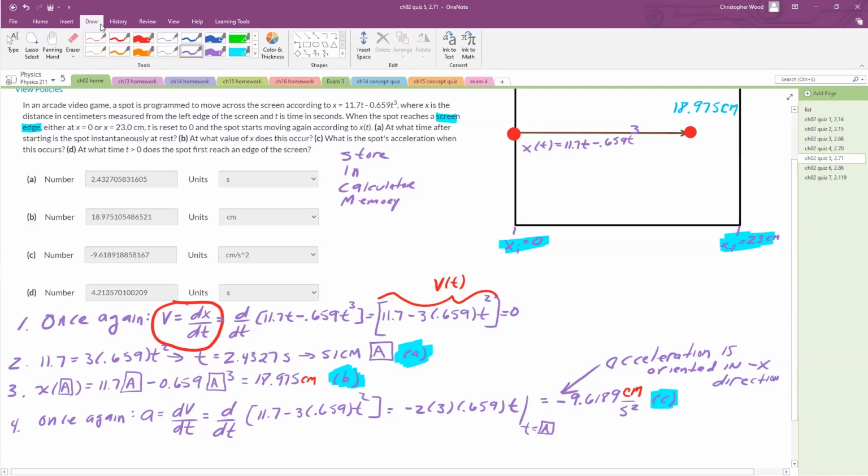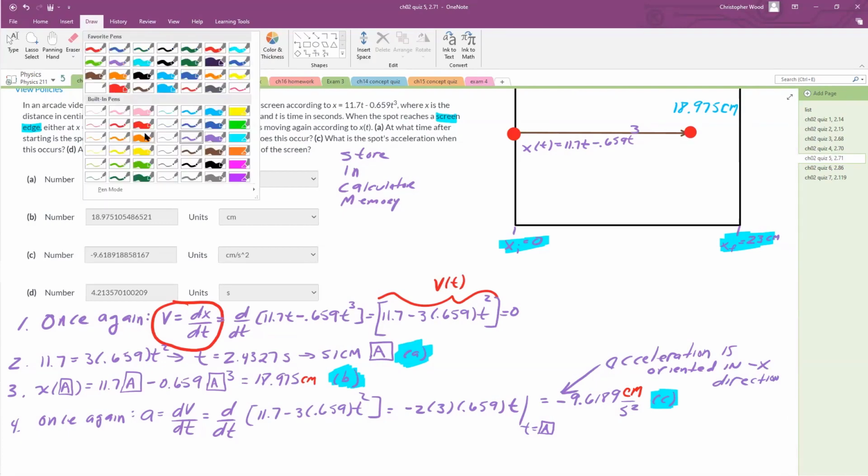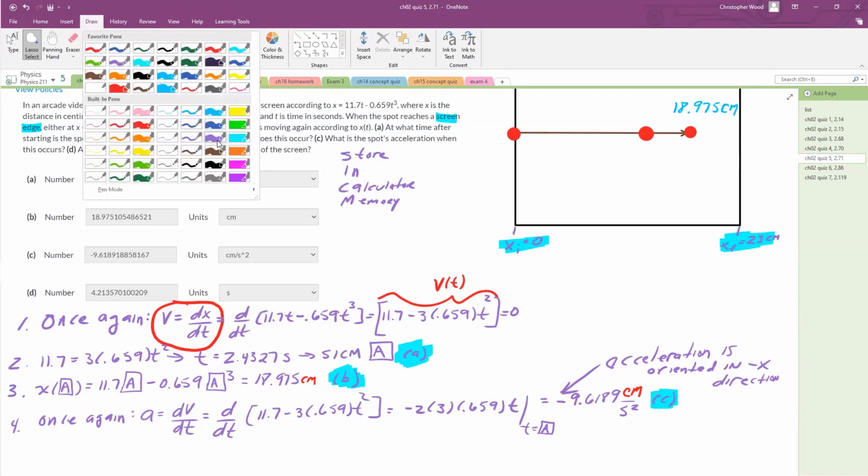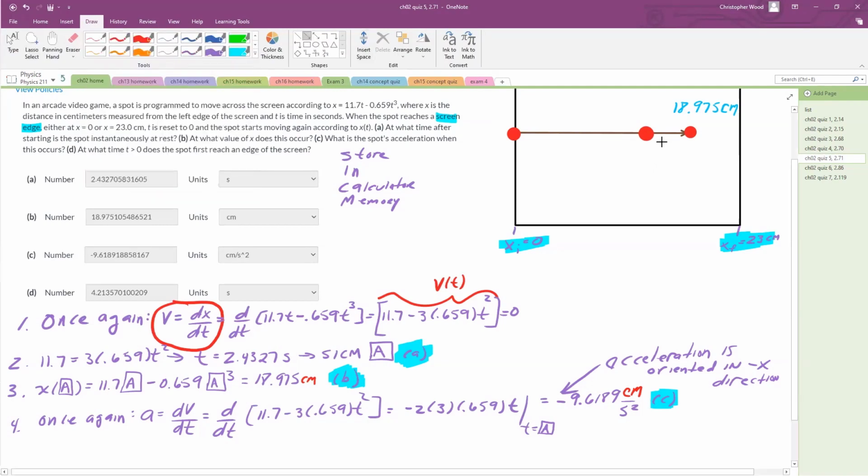So let's just look at an intermediate position. Let's just say I'm looking at my dot, and it's right here, just for the sake of conversation. Let me get rid of this since it's cluttering up. Okay, so at some intermediate position, the dot itself is still moving forward, so it still has a velocity going in that direction.